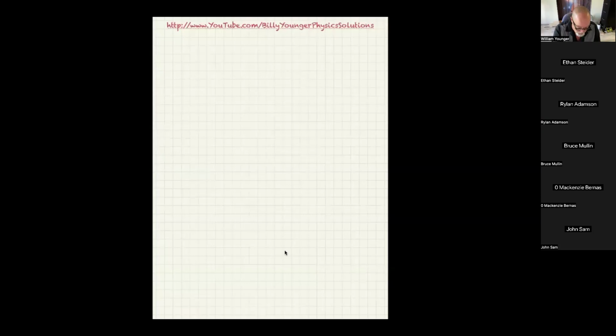So what we're going to say is delta U, which is actually UB minus UA. What I mean by that is the potential energy at point B, which is the final position, minus the potential energy at point A, which is the initial position.